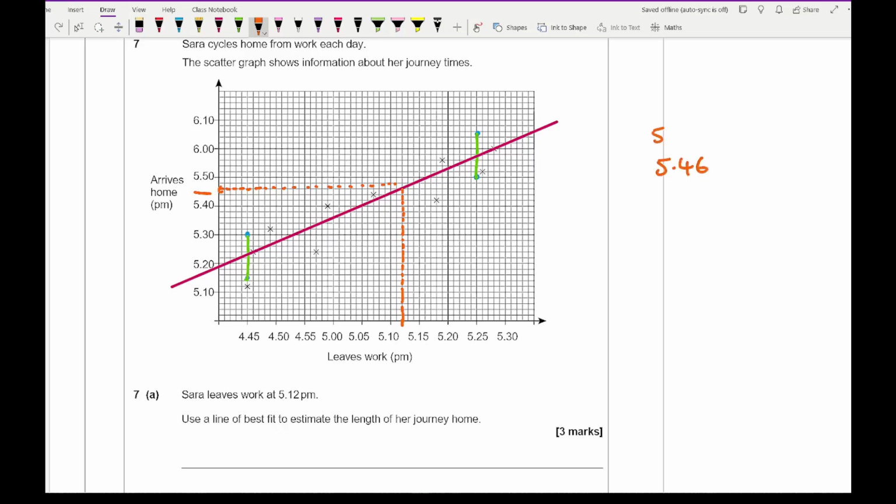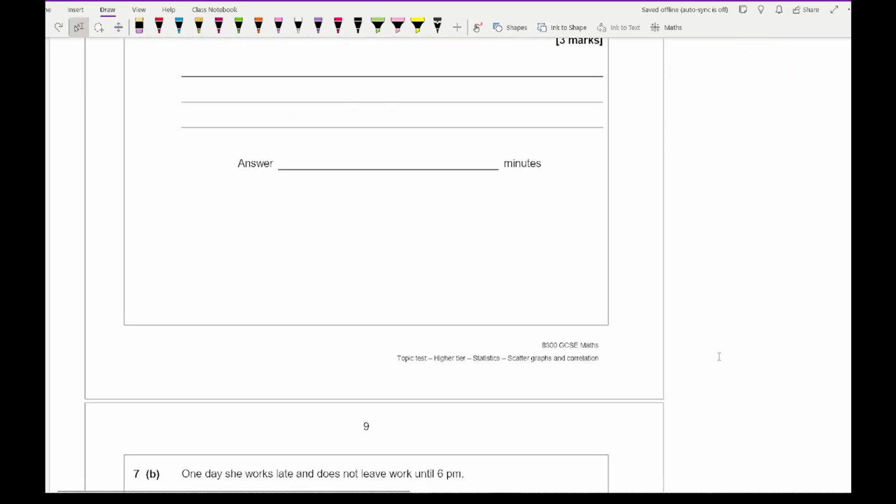So if she left work at 5:12, what's the time difference? Well, it's 46, take away 12, which I make out to be 34 minutes. So again, as long as you've used your line of best fit, whatever time this is, take it away from 5:12 to work out the minutes, and you've got your answer.